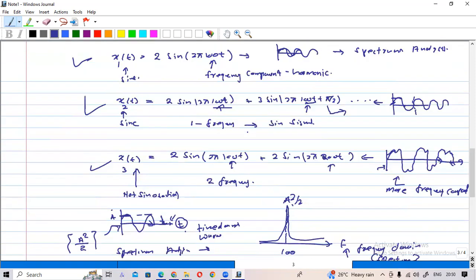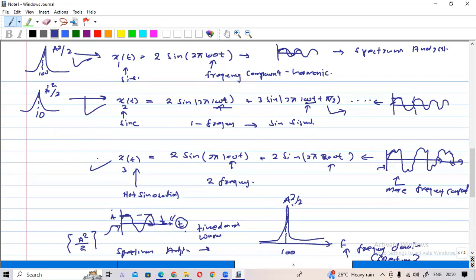This is the spectrum for the first signal, and this is the spectrum for the second signal. Let's say this is A squared by 2, another amplitude A dash squared by 2. But the frequency is the same, 100, here also 100.